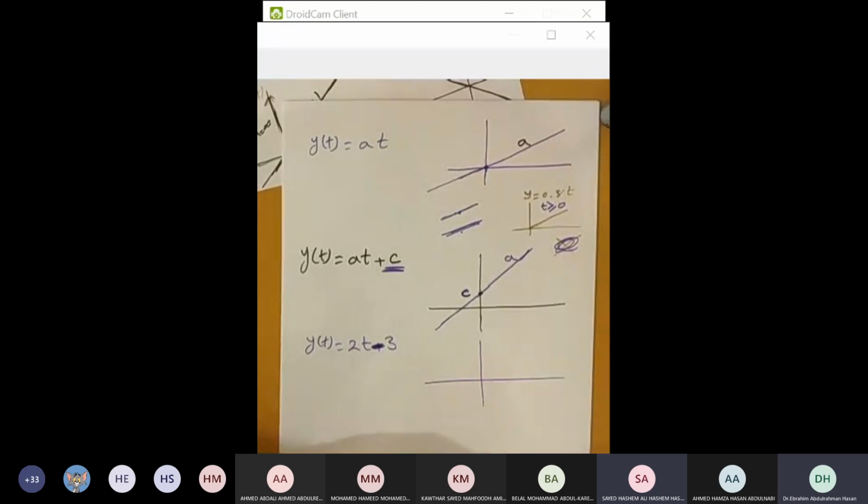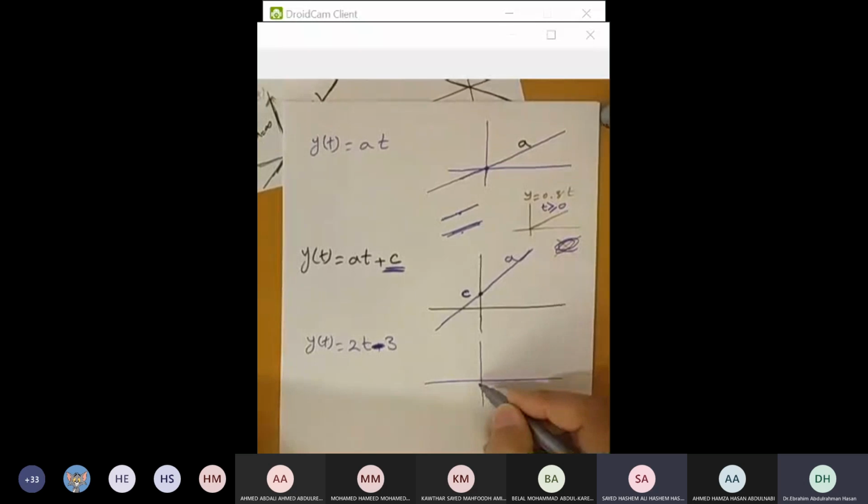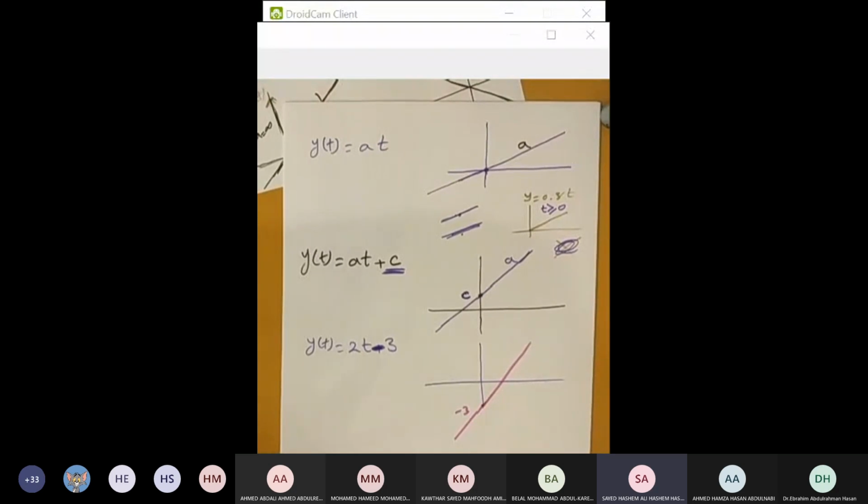Slope equal to 2, as we said, is more than 45 degrees, something like this. But it is not starting from 0, it is starting from minus 3. So this is minus 3, then it is something like this. Clear? So the slope equal to 2.